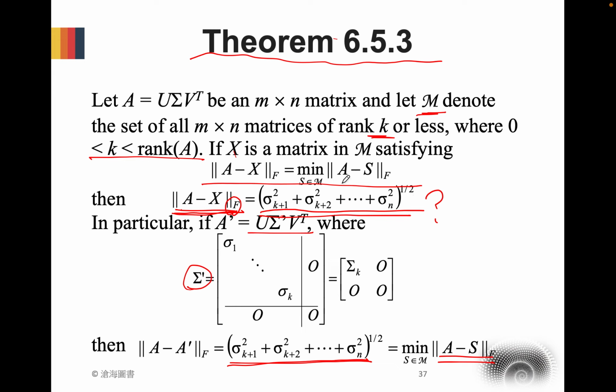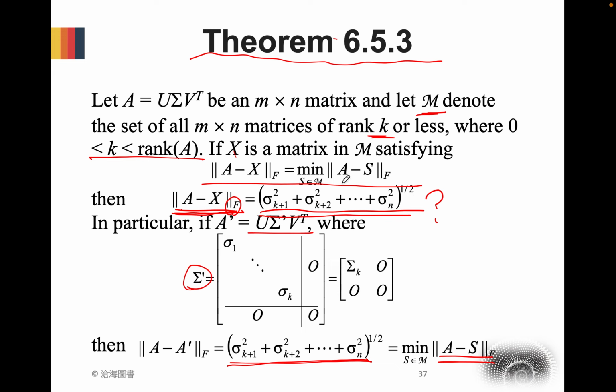Anyway, A prime is equal to U sigma V transpose, where here is 0, 0, 0. So A prime is equal to sigma 1 U1 V1 transpose up to sigma n minus 1 U n minus 1 V n minus 1 transpose. The A prime will be the matrix of rank n minus 1 that is closest to A with respect to the Frobenius norm.